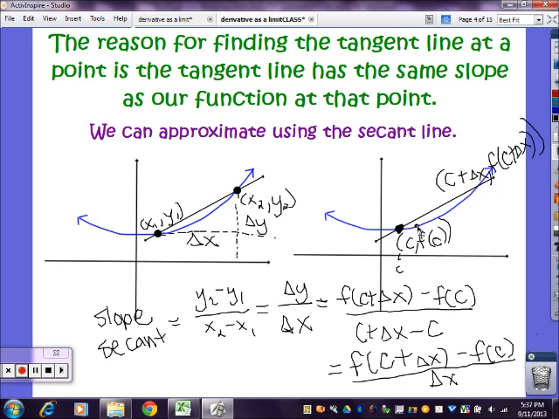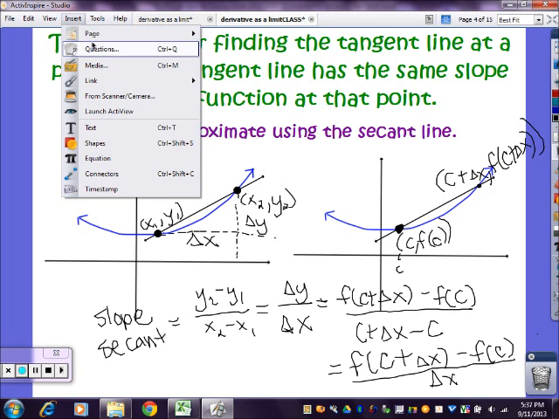That is the horizontal distance approaching 0. Approaching, it sounds like a limit. Basically we're saying, if I can make this approach 0, I'm going to start getting closer to the actual tangent line. And that's where the tangent line equation comes from.